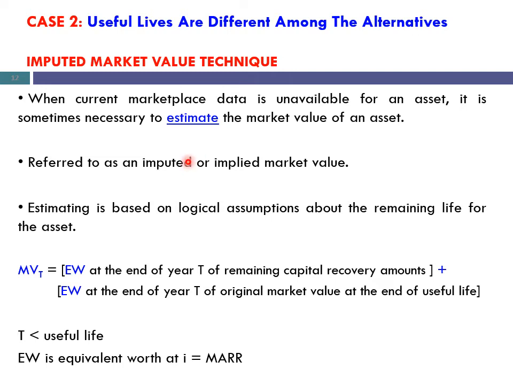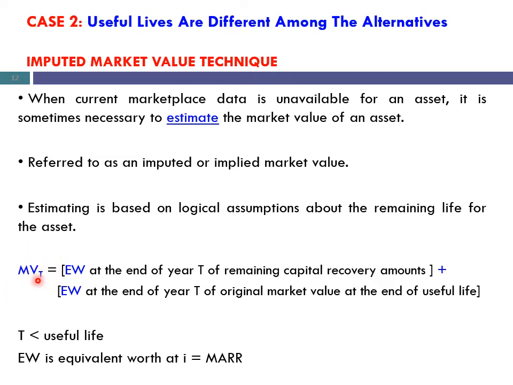But if we don't know this market value, then we can use the imputed market value technique to estimate its market value at the end of the study period. Estimating this market value is based on some logical assumptions about the remaining life of the asset. So we can find the market value of the asset at the end of the study period. This T represents the study period.